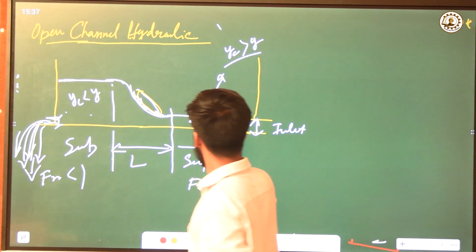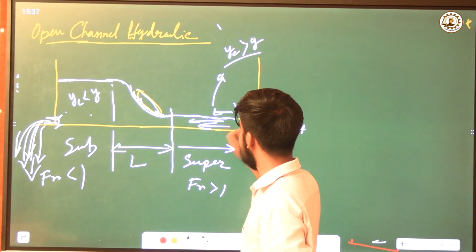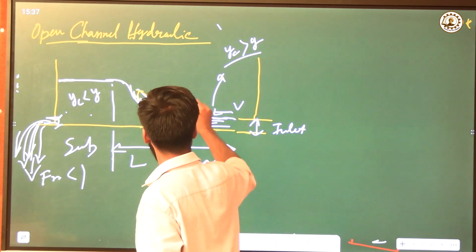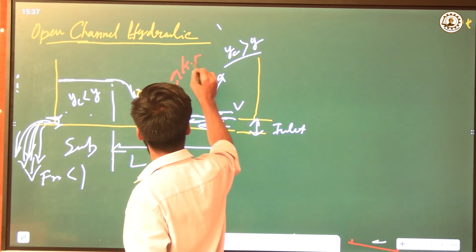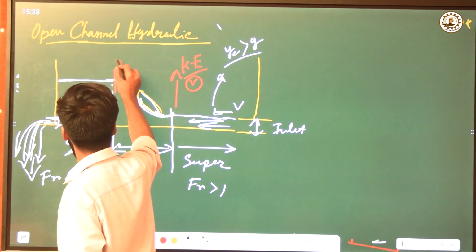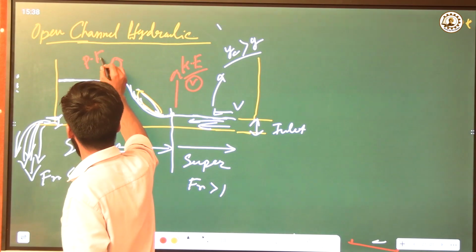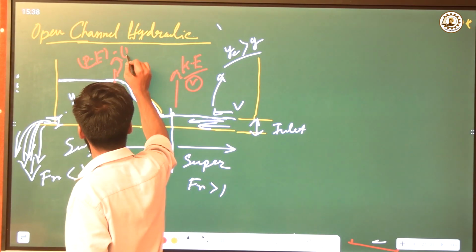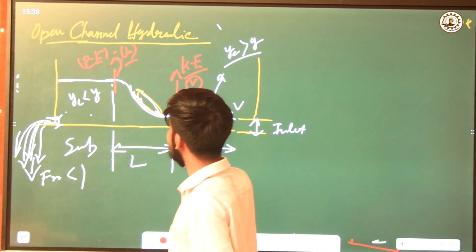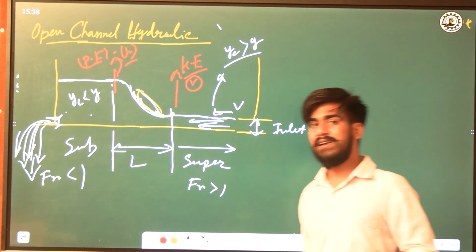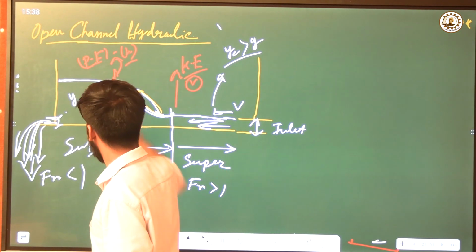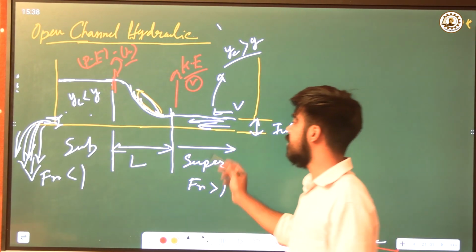Now, there is only velocity acting with a really small height. At that point it will have maximum kinetic energy due to the velocity, and at this point it will have maximum potential energy, PE, due to the height. So we can see a phenomenon where the kinetic energy is converting into potential energy and the height increases. That phenomenon is called the hydraulic jump.